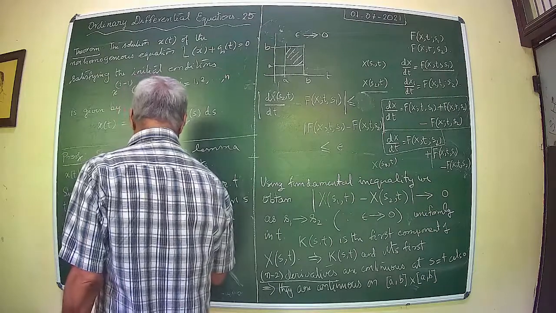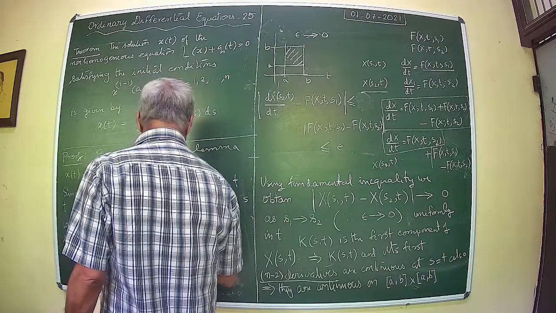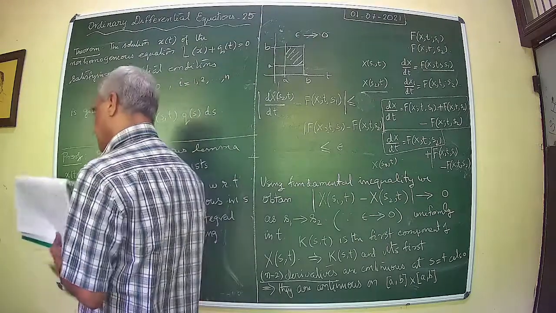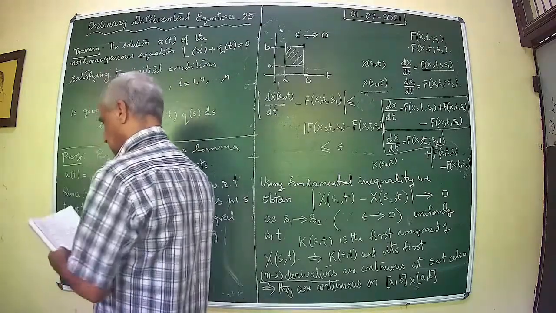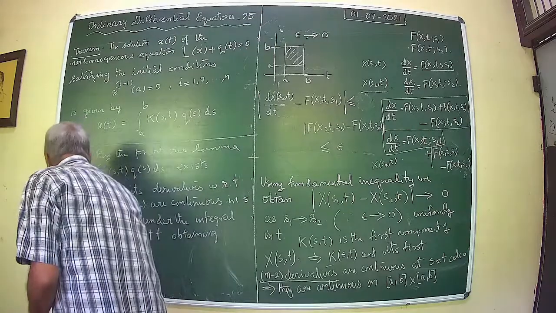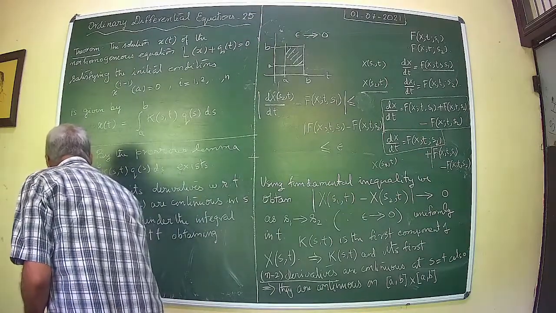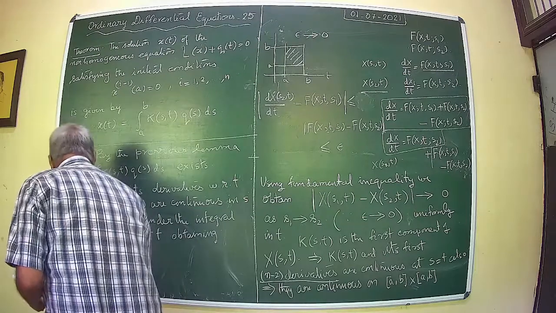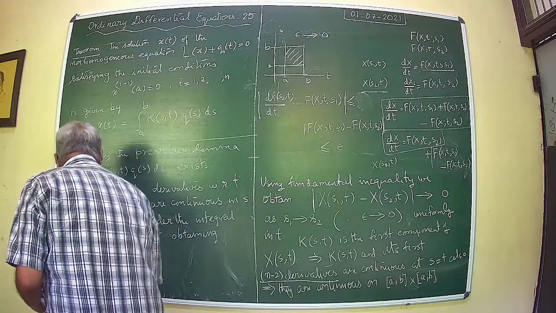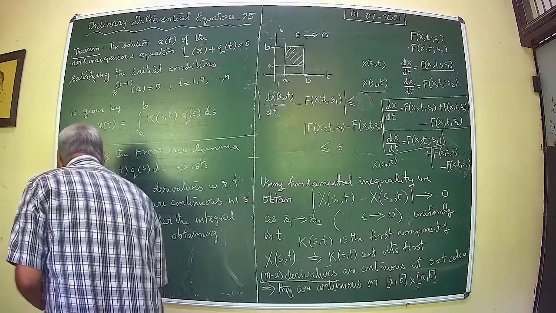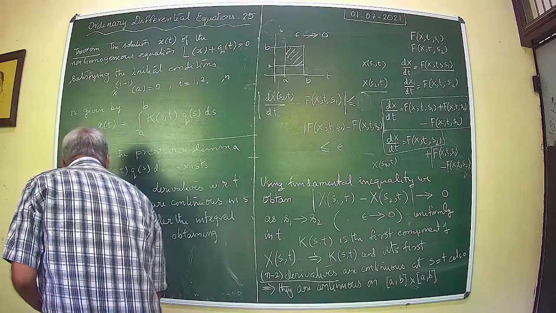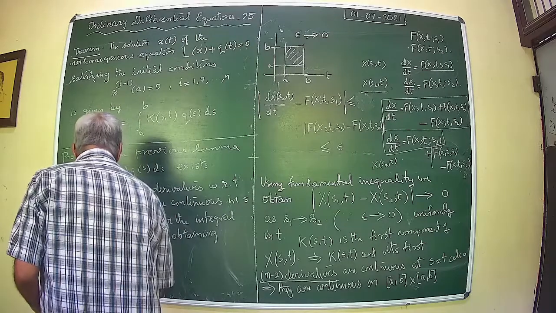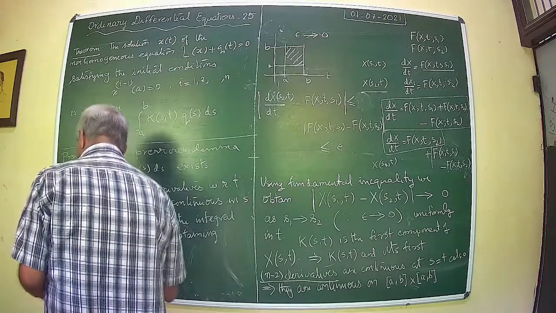Obtaining, this is what you get when you compute this. You get x^(j-1)(t) equal to the integral of the differentiation with respect to t, j minus 1, of k(s,t).